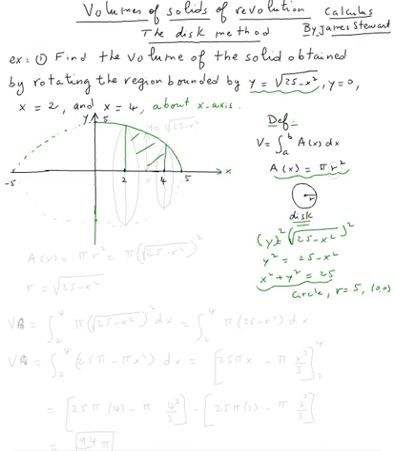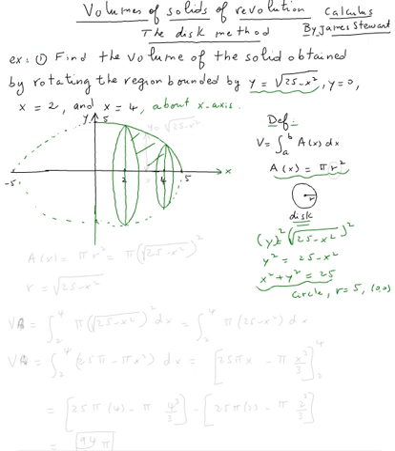This is like a circle, but all I need is this part from here to here. So we're going to have a volume that looks kind of like a ball, but with a piece cut off.